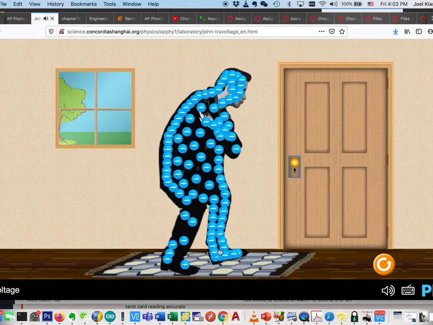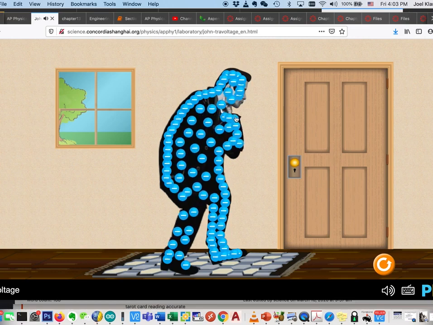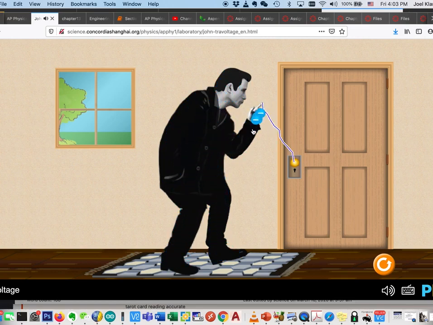It doesn't have enough pressure to jump through the air, which is an insulator, all the way over here, unless I start moving his hand closer, at which point it does jump across. The idea of electrical potential or voltage is related to the idea of electrical pressure. The greater the pressure, the further it can jump across this air gap.